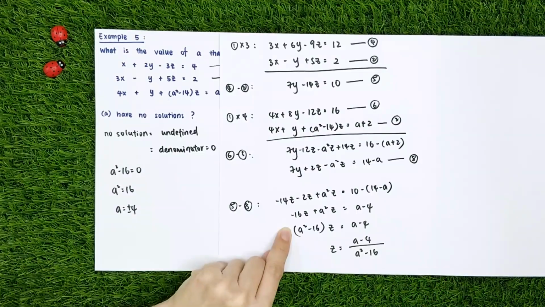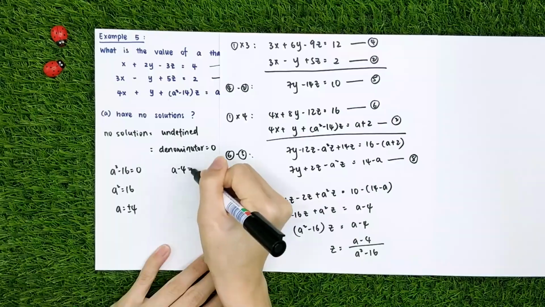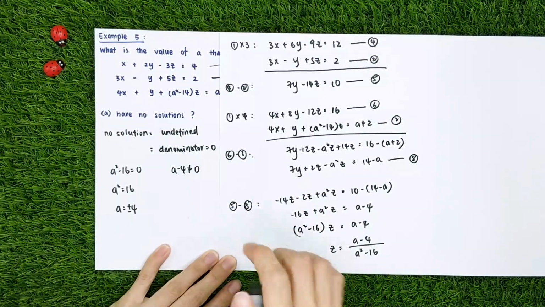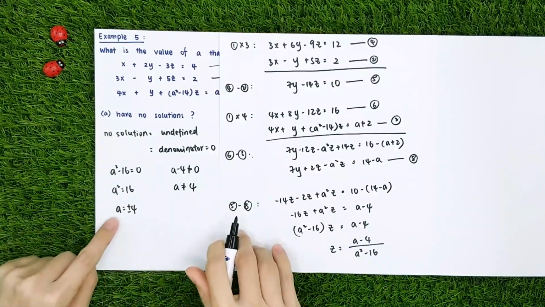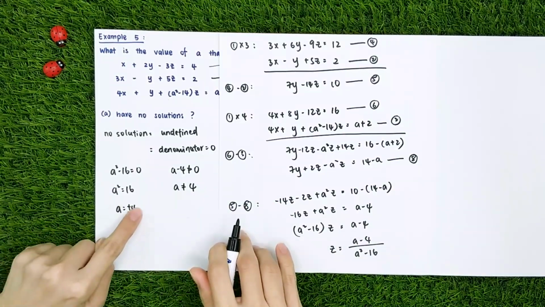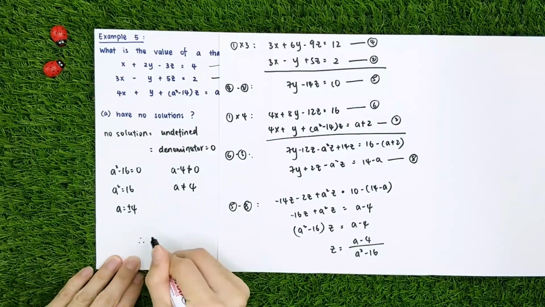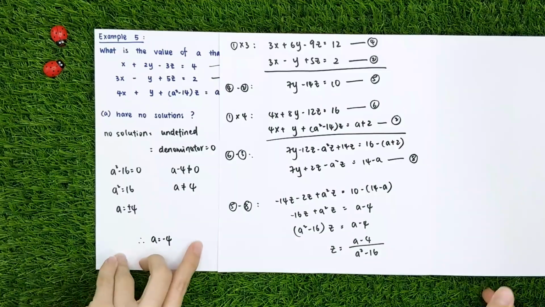So I can make it become a no solution. So a minus 4 cannot be 0 since here already is a 0. So a cannot be 4. So here a is plus minus 4, but here say a cannot be 4. So I can make the conclusion that a can only be minus 4.